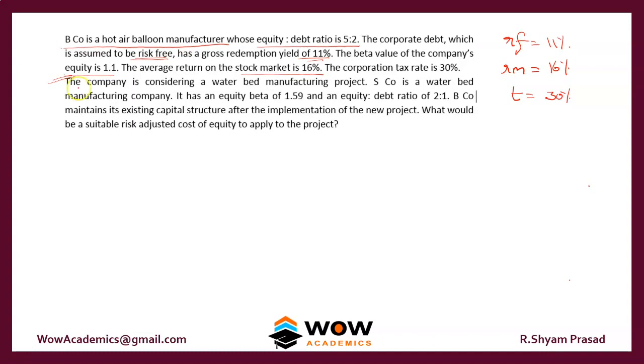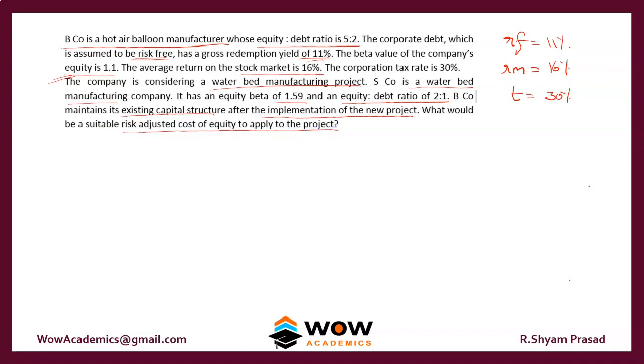The second part is the company is considering a waterbed manufacturing project. SCO is a waterbed manufacturing company. It has an equity beta of 1.59. Their equity to debt ratio is 2:1. BCO maintains its existing capital structure after the implementation of the new project. What would be a suitable adjusted cost of equity to apply to the project?